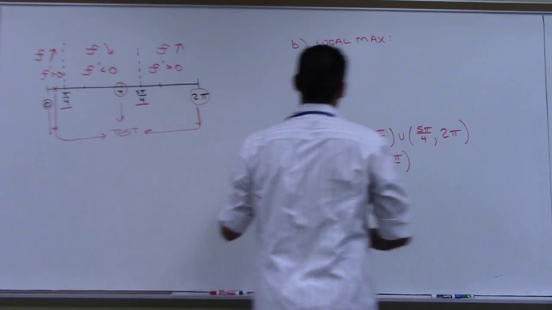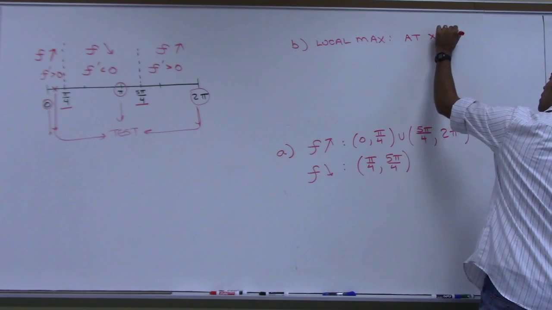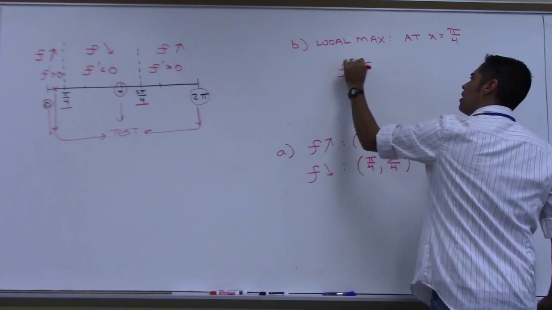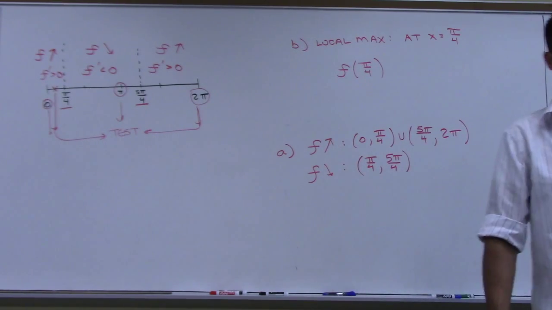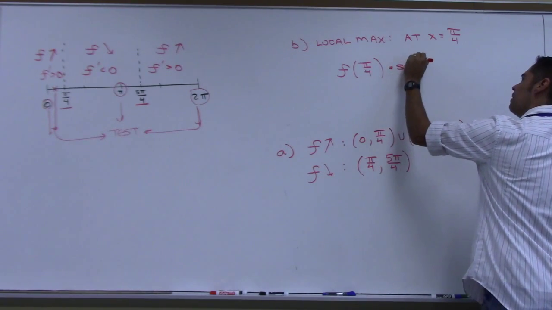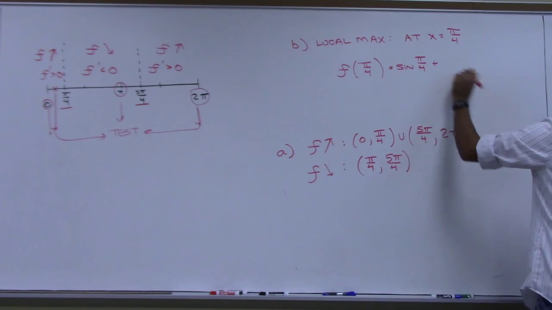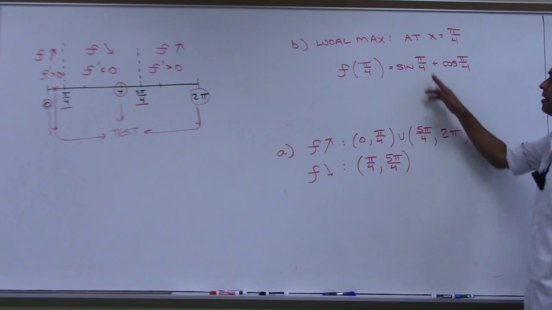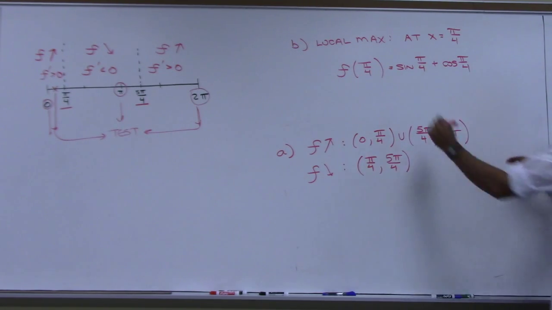This is happening at x equals pi over 4, which means we would have to plug pi over 4 into the original function to figure out what the maximum was, right? And that means I need sine of pi over 4 plus cosine pi over 4, which we already know, sine of pi over 4 is root 2 over 2 plus root 2 over 2.